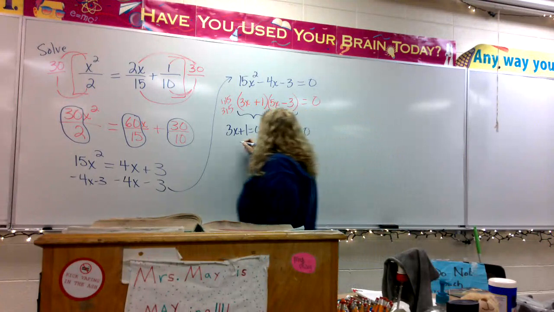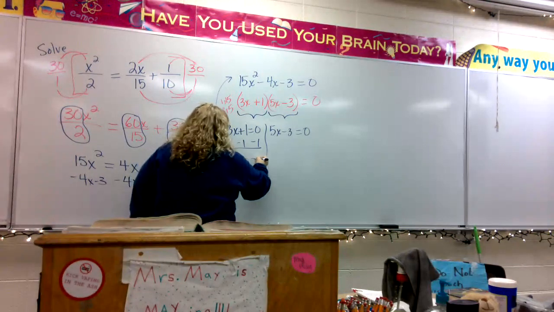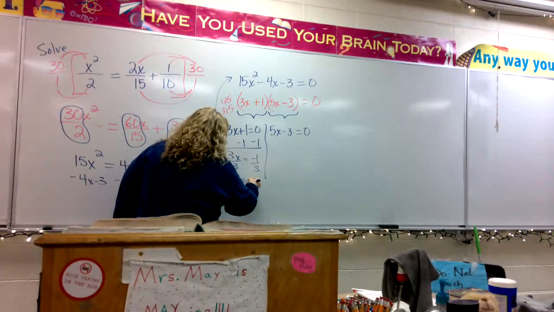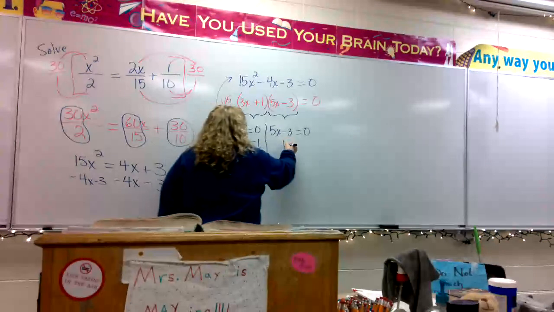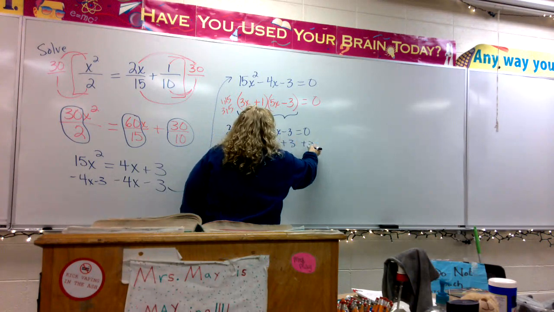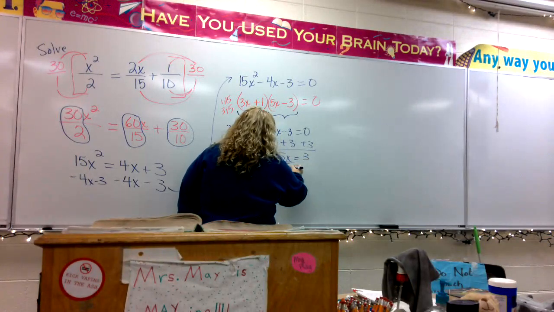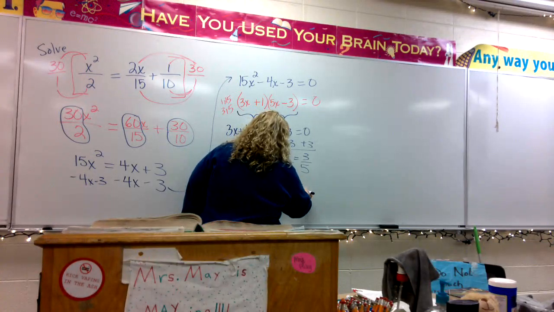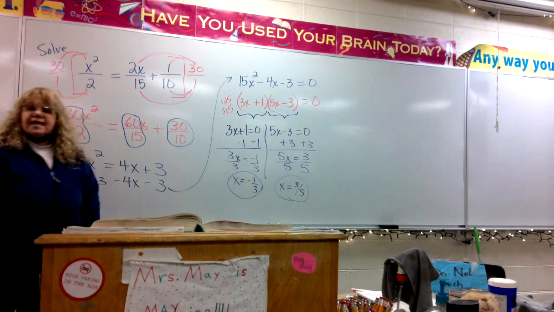And so then minus 1, 3x equals negative 1. So x equals negative 1/3. And then over here, add 3. And then divide by 5. So x equals 3/5. You get 2 answers there. You see that?